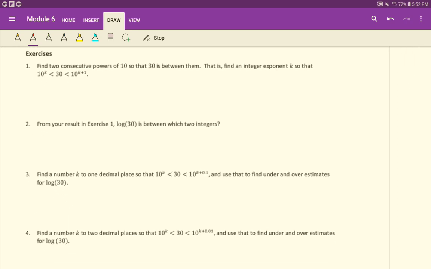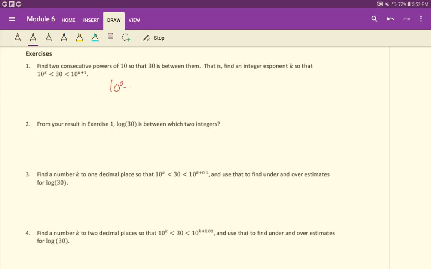Here in the exercise, it asks us to find 2 consecutive powers of 10 so that 30 is between them. Consecutive powers would be like 10 to the 1 and 10 to the 2. So what powers of 10 is 30 between?